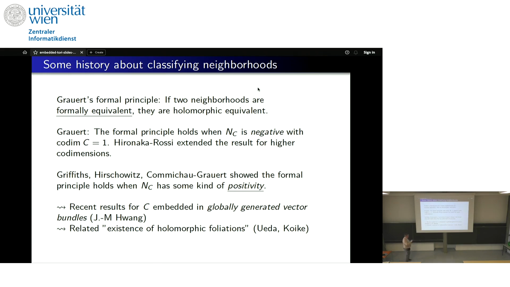This has nowadays also been reworked by Jumuk Wang. There is also another kind of problem which is very related, but I will not go into it today: a work by Ueda and also by Koike about the existence of a holomorphic foliation in the neighborhood of C without singularity. It's the same kind of problem to some extent.